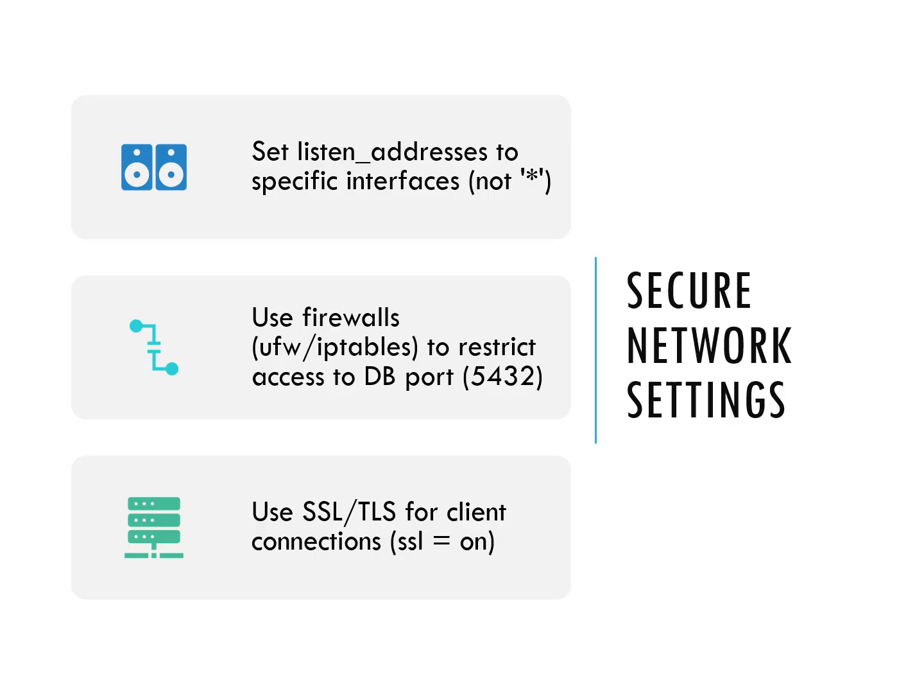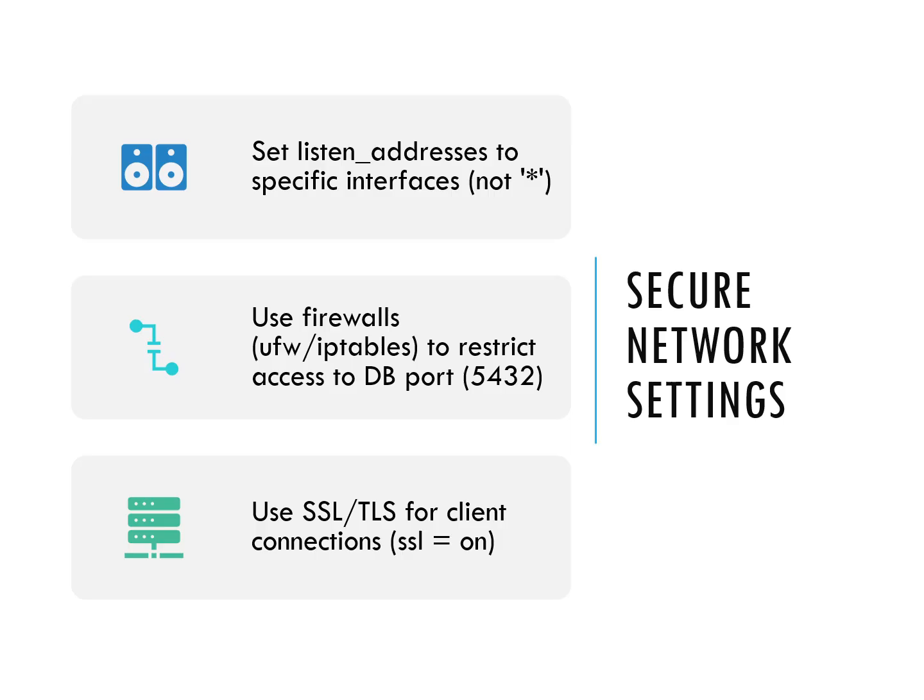Network exposure for PostgreSQL is one of the biggest risks. So in the configuration file, you would want to set the listen addresses to only the interfaces you would need. For example, localhost for local only, or a single private IP for application only. You can also avoid wildcard listen addresses.